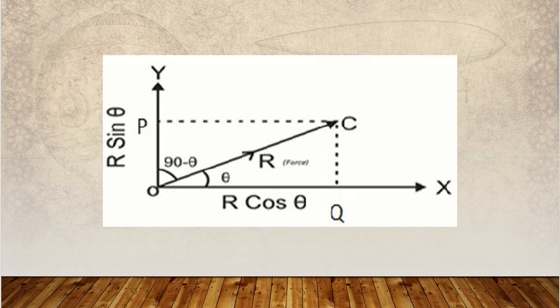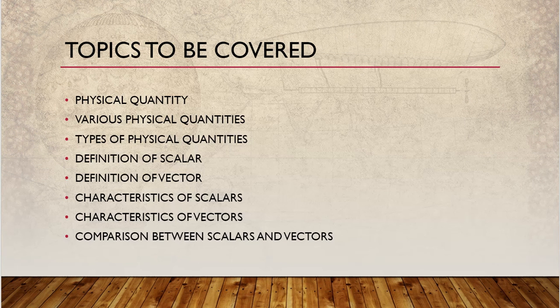In this video, we have discussed what is a physical quantity. So anything that can be measured and expressed in terms of number is called physical quantity. We have also discussed various physical quantities. Those are fundamental and derived physical quantities.